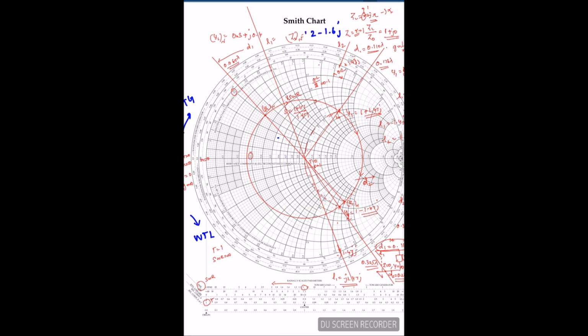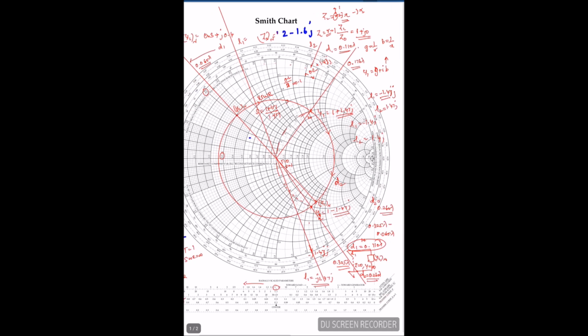Now the right side of the Smith chart, so if you take that right end of the Smith chart, this is R infinity, X is infinity and impedance is infinity, but admittance is 0.